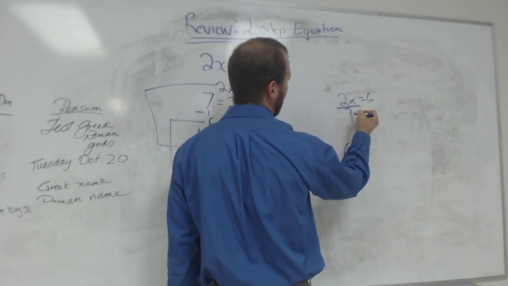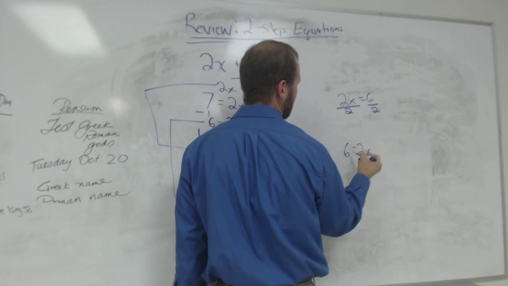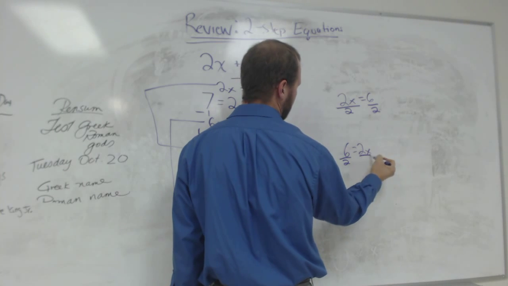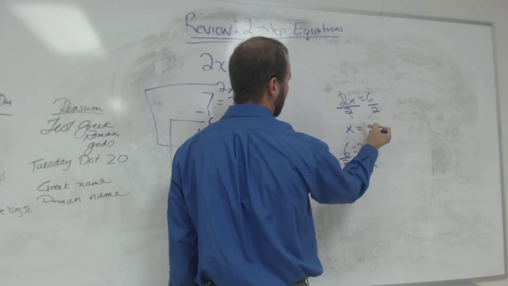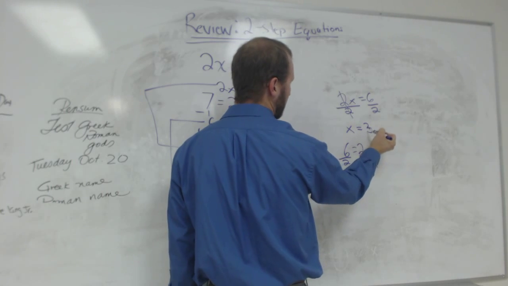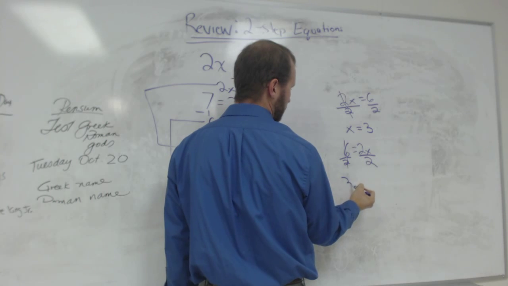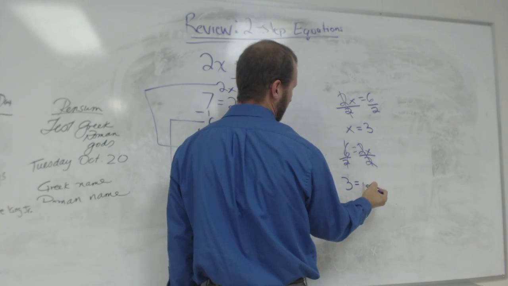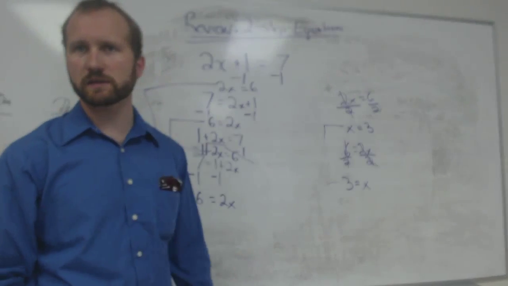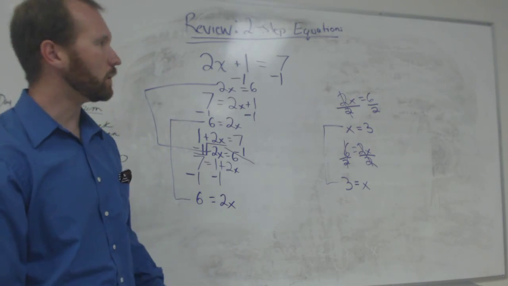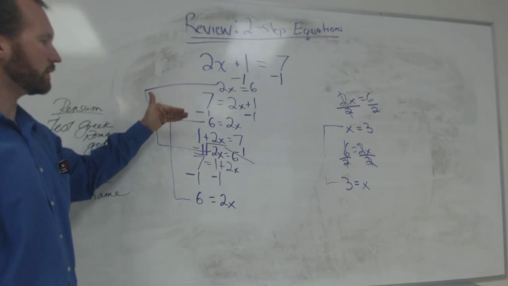I would divide by 2, which is my coefficient on x. This is going to cancel off, leaving x. 6 divided by 2 is 3. Either way, I get x equals 3, 3 equals x. Same thing. So all four of these problems I solved in the same way.